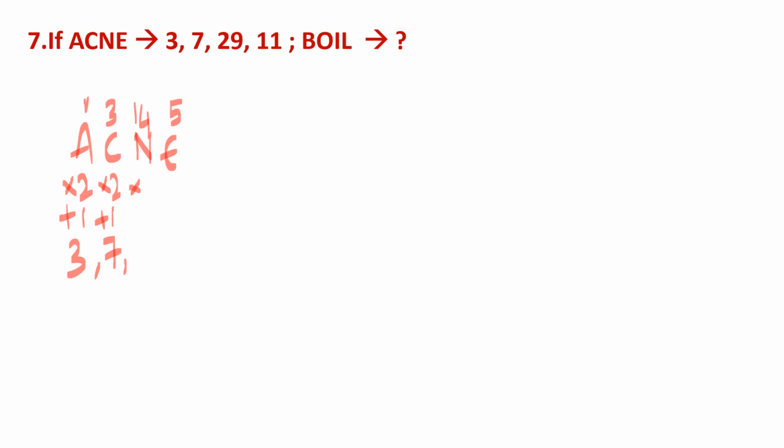Next 14 into 2 is 28, plus 1 is 29. 5 into 2 is 10, plus 1 is 11. So how can we code BOIL?